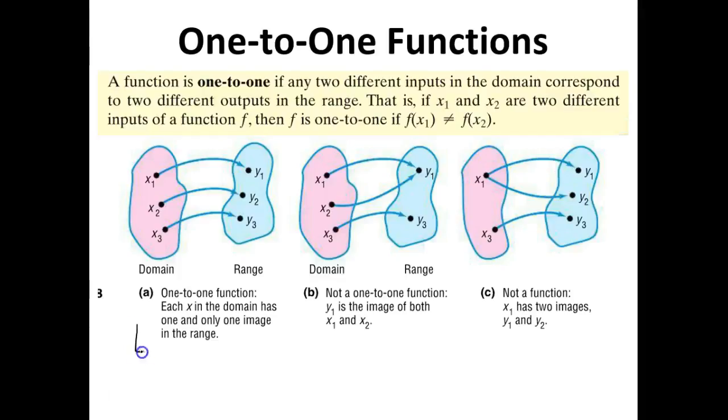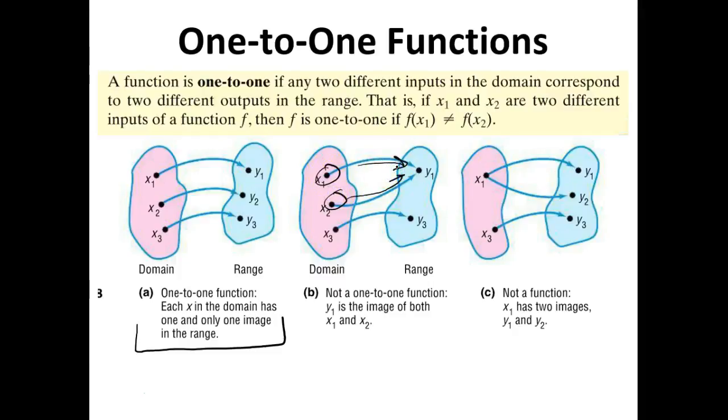This example is one-to-one. No matter what two things we put into it, they're never going to the same place. The second one is not one-to-one because we have two different inputs that are going to the same place.